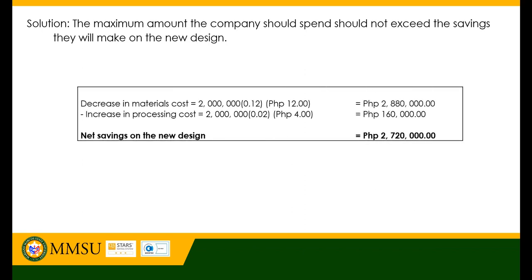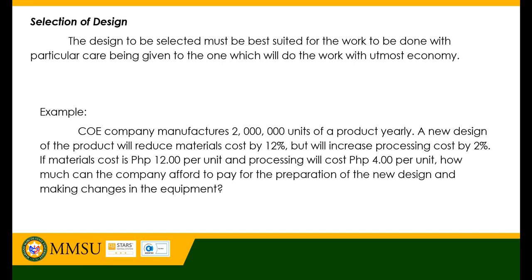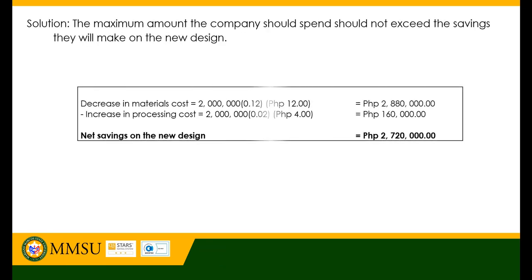Okay, so yung decrease in materials cost is, di ba ang kwan natin is 2 million yung number of, ano ba yung tinatanong dun? Units, no? Wala pa lang sinabing particular product, but 2,000 units. 2,000. 2 million. Okay.